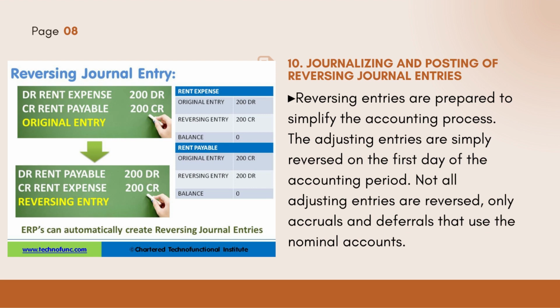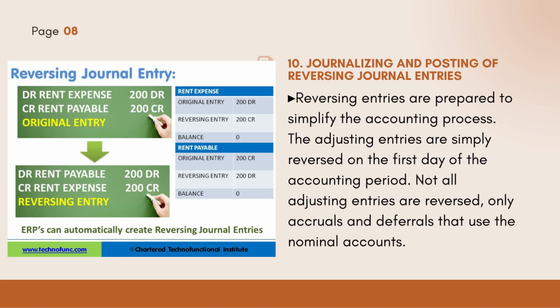So using the previous example, the credit to rent expense would be posted to the rent expense account, and the debit to accrued rent payable would be posted to the accrued rent payable account. Subsequent transactions: reversing entries simplify the recording of subsequent transactions related to the adjusting entries. For example, if the adjusting entry for accrued rent was reversed, the subsequent payment can be recorded directly as a debit to rent expense and credit to cash without the need for additional account entries.